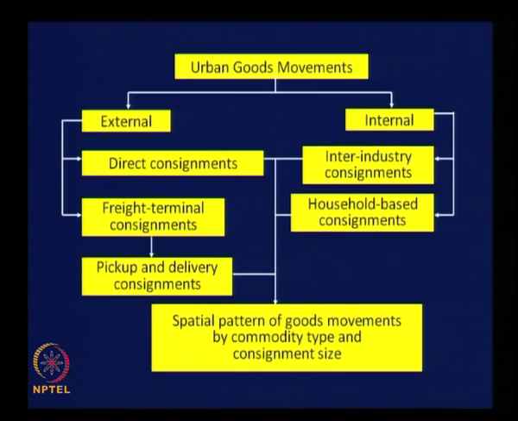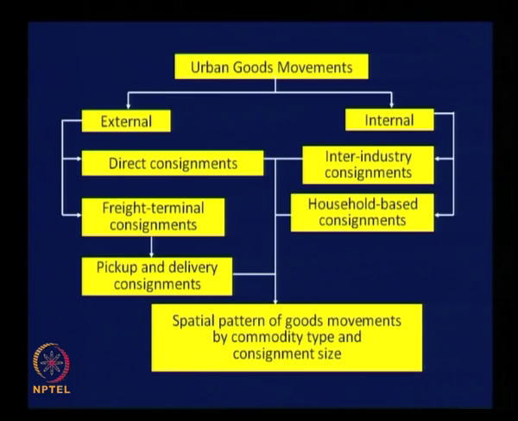Okay. Now we need to realize, unless we model this spatial pattern of goods movements either by commodity type or consignment size or both, we will not be able to predict the future scenario with regard to spatial pattern of goods movement.